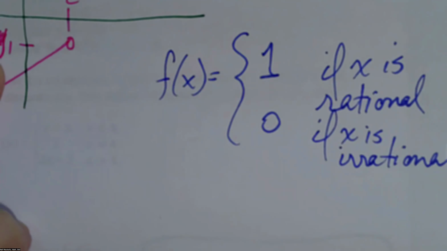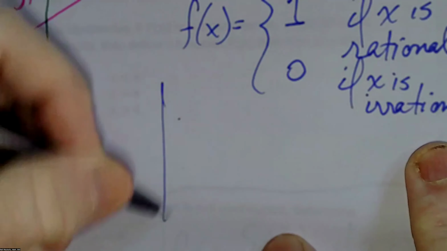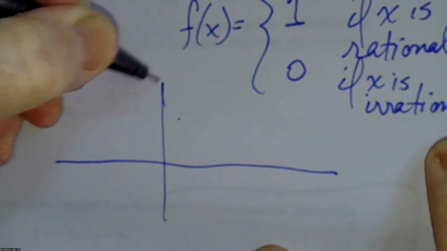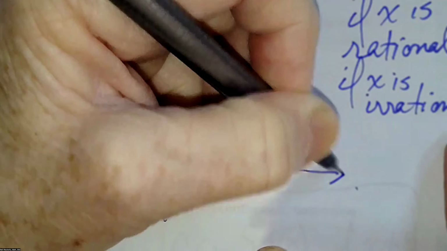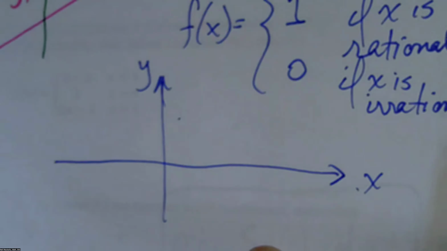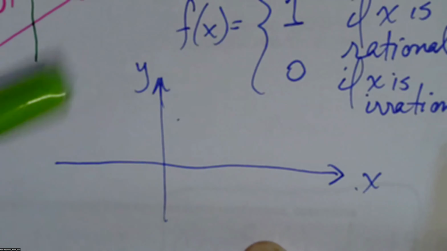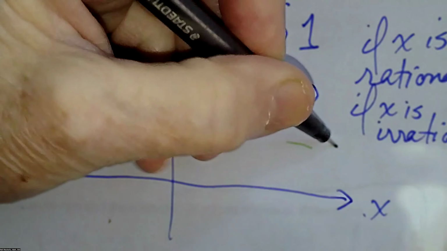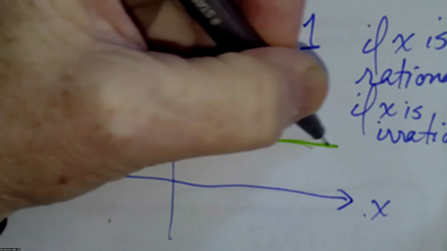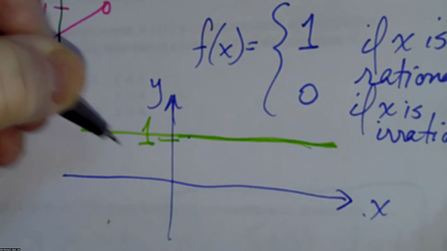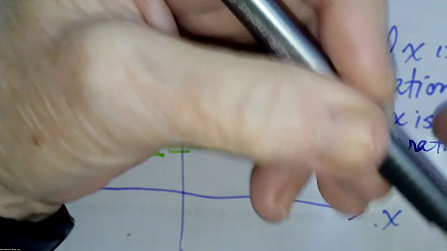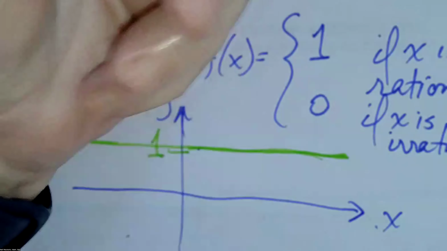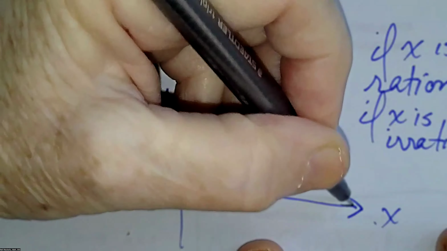And what's really fun about this is that the graph, here's 1, and here's 0.